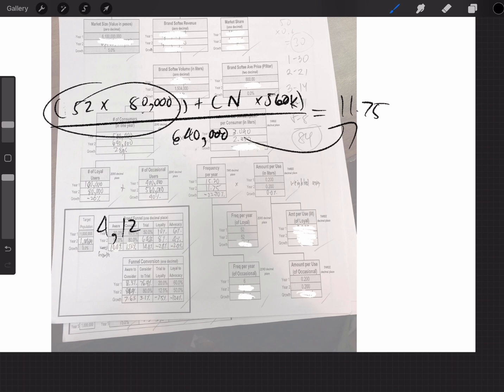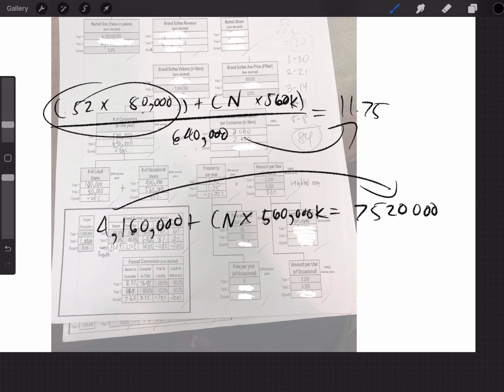Four million 160,000 plus n times 560,000 is equal to 11.75 times 640,000, which is 7,520,000.